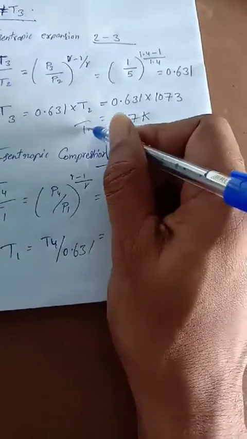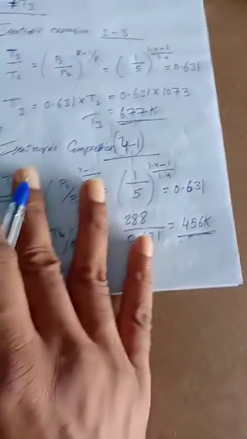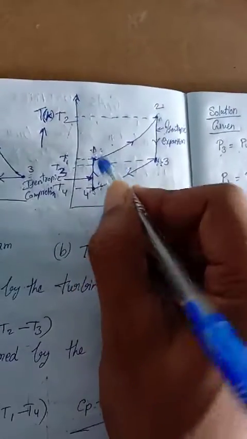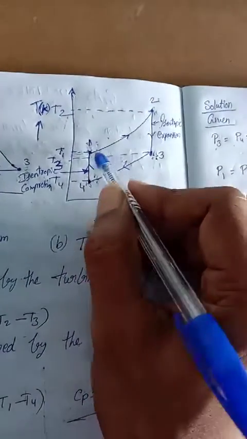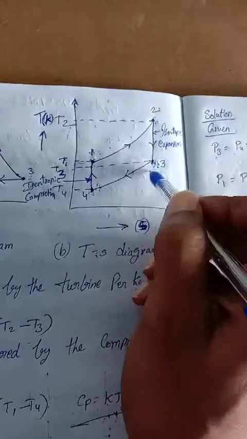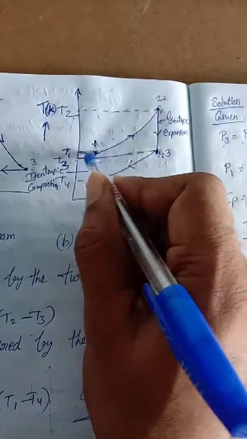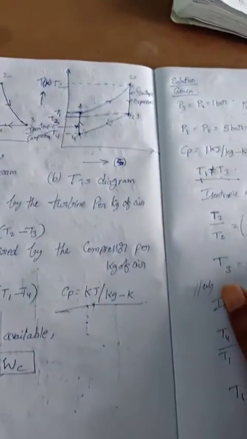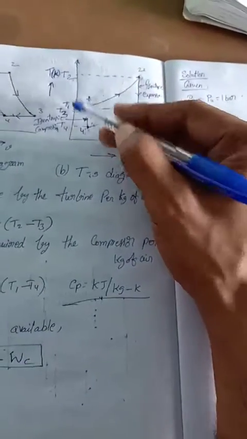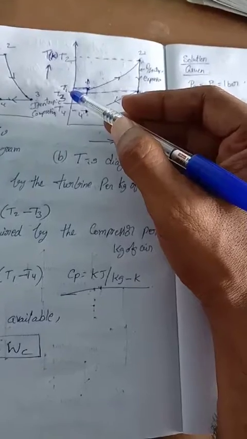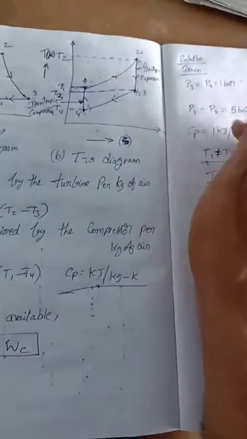This is T3 and this is T1, so T1 is not equal to T3. In the TS diagram, isentropic 1 to 2, that is the difference. The temperatures are not equal, and there are up and down fluctuations.